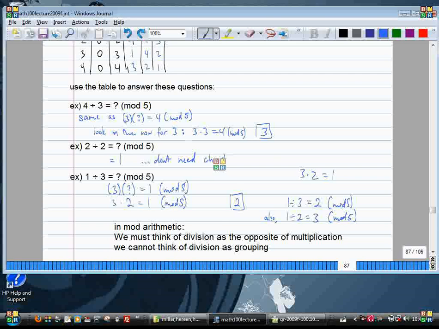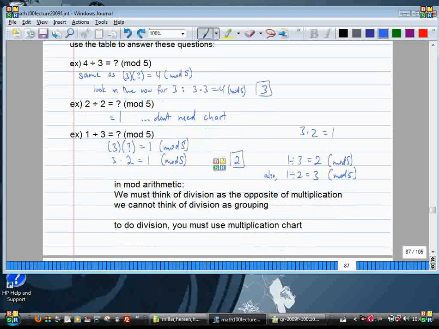Yeah, they're equivalent, right. So if you have a big number, 12, divided by... what do you have to do?